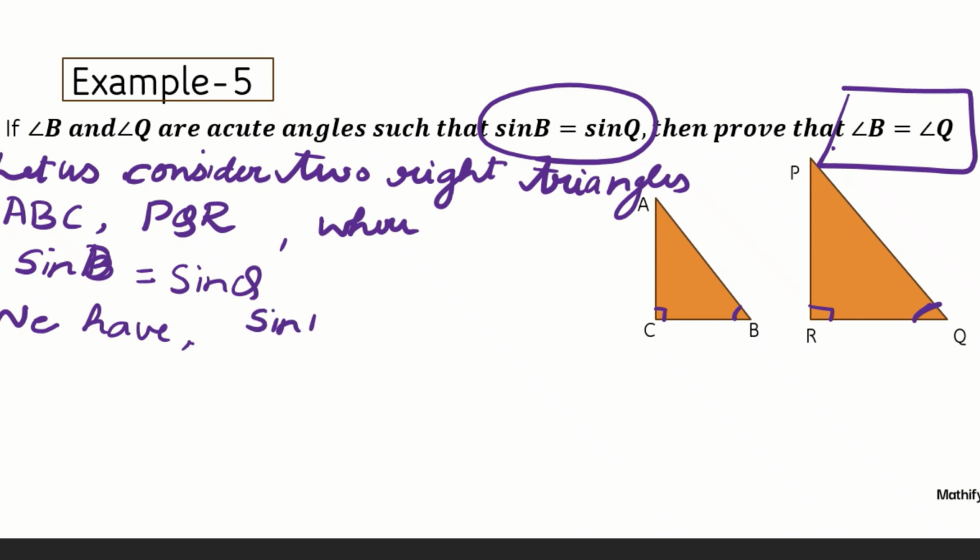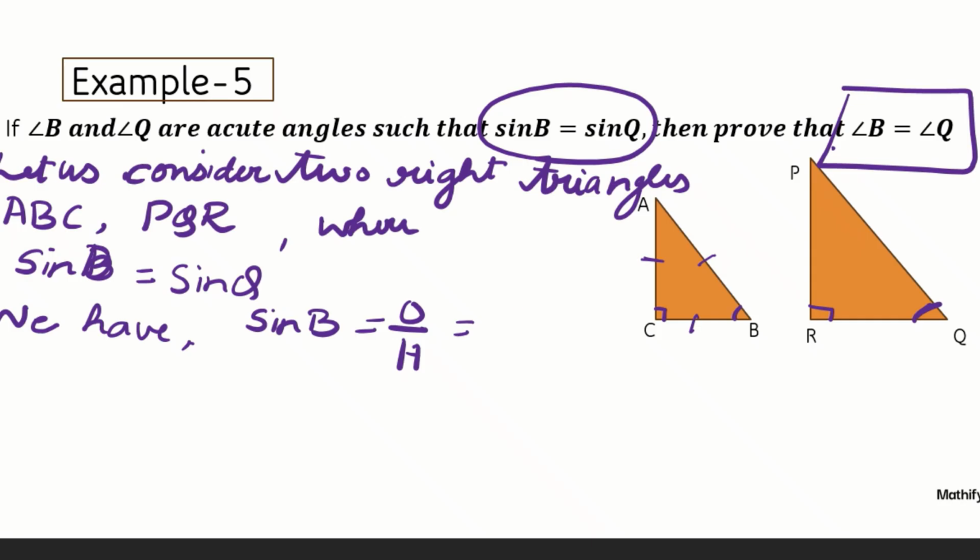Okay, so we have sin B. Sin B is how much? Which side is opposite in triangle ABC? For angle B, side AC is opposite and side BC is adjacent, and AB is the hypotenuse. So here sin B will be equals to opposite over hypotenuse.